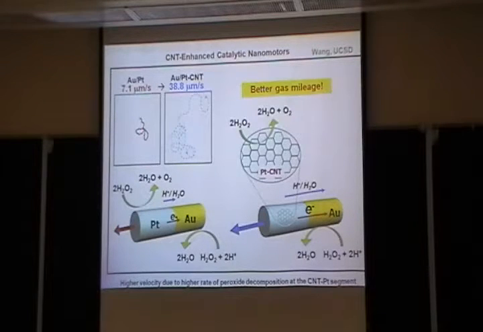And they move much, much faster, as you can see. In fact, I think his latest ones would move like 100 microns a second. So you can easily speed up the reaction. He calls it better gas mileage, but it's not, because you're still consuming more hydrogen peroxide, just doing it faster.